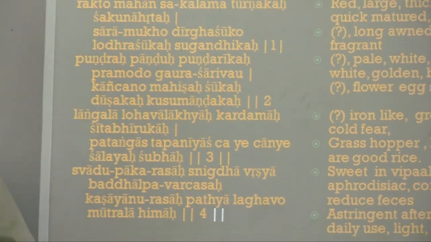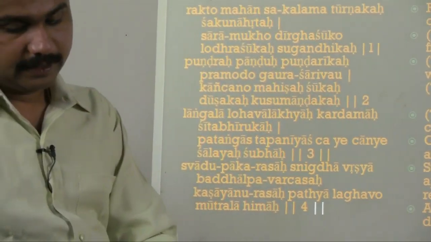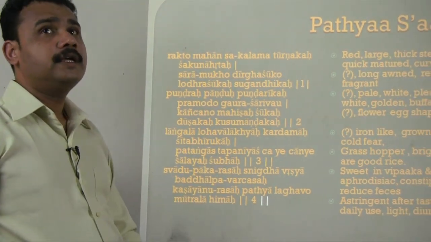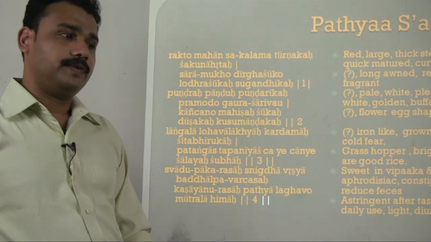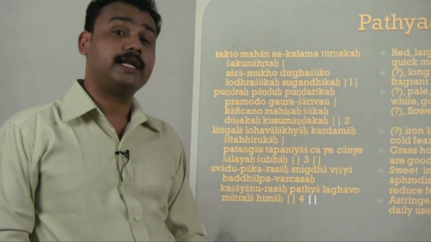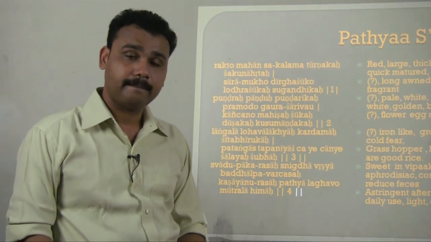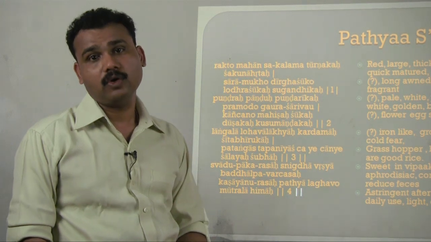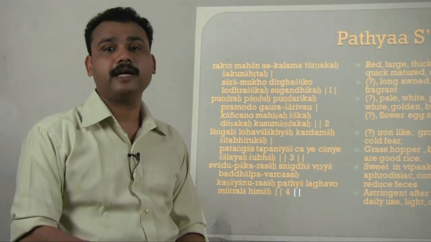Let us try to look at the meaning. So here it is very, very interesting that even the commentator of Charaka Samhita, Chakrapani Datta, says that it is impossible to say what are the varieties explained.